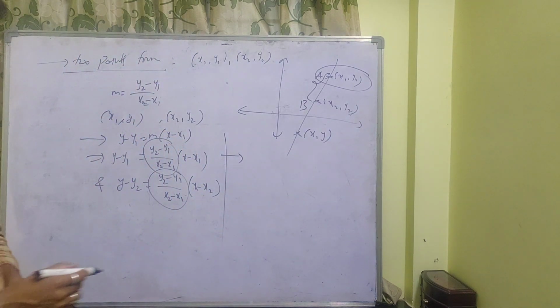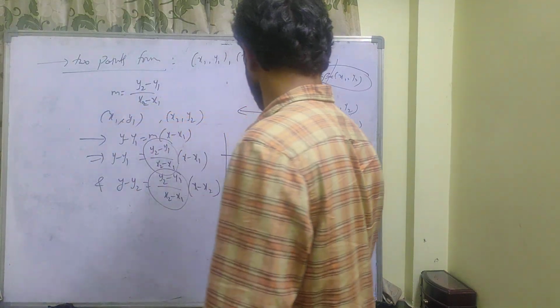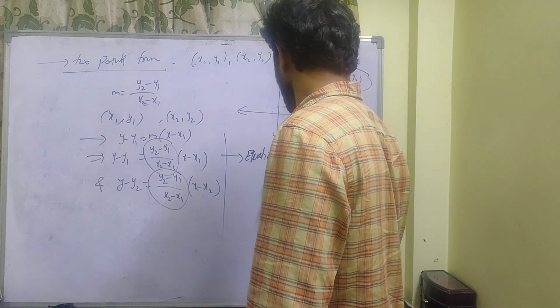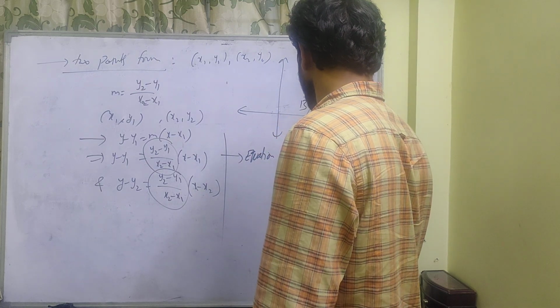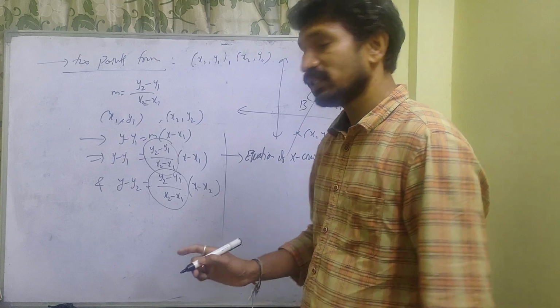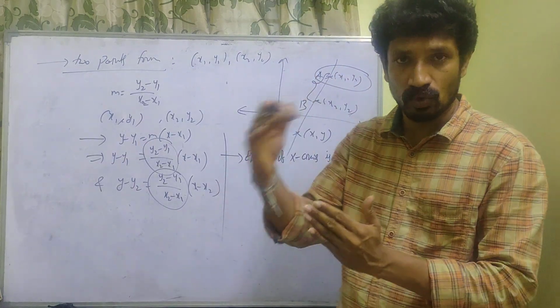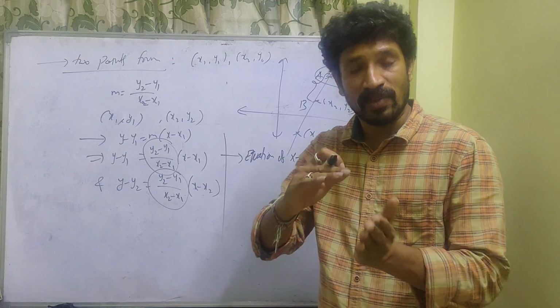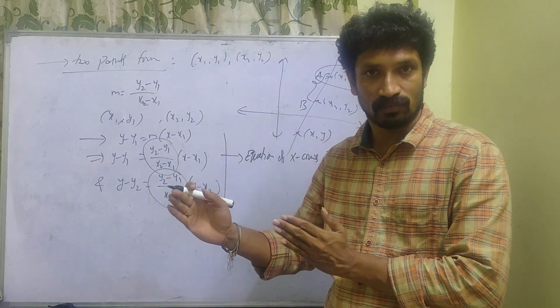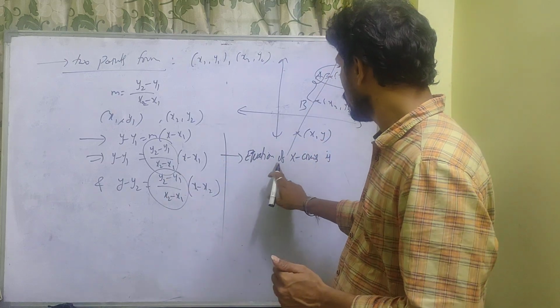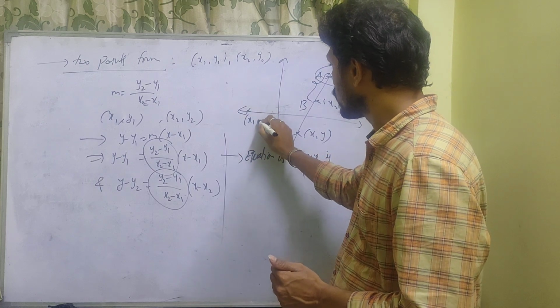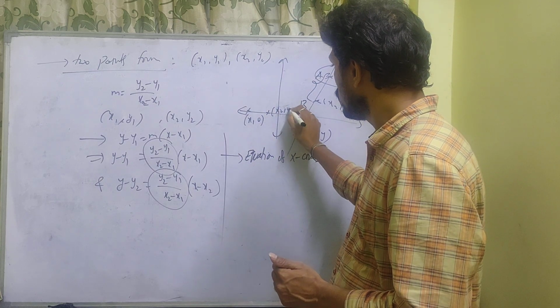the equation of the x-axis. The equation of the x-axis is horizontal. Any 2 points on the x-axis are some x1 comma 0, x2 comma 0. So on the line you can take x1 comma 0, x2 comma 0.